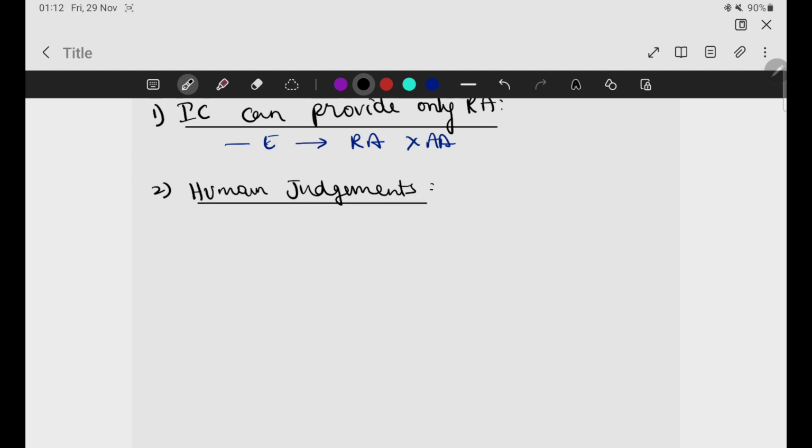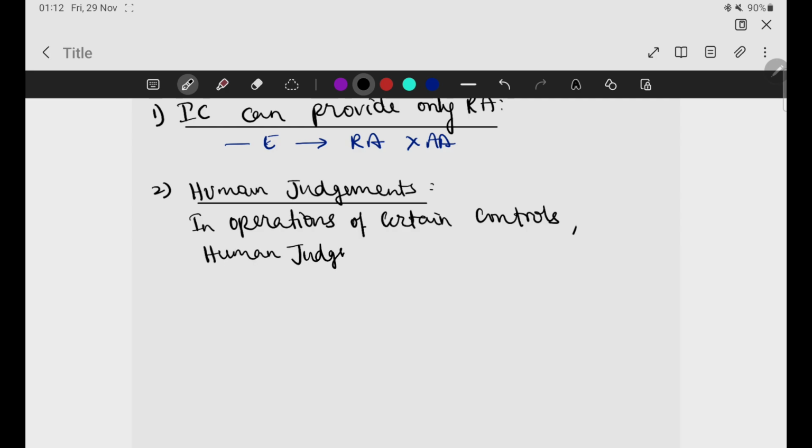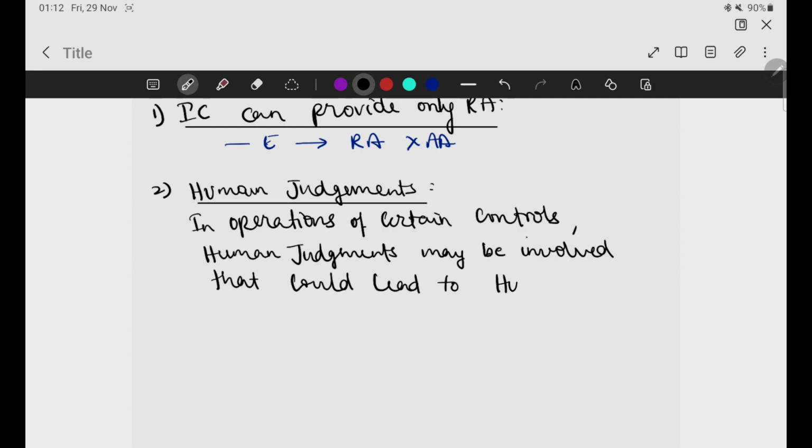In operations of certain controls, human judgments may be involved that could lead to human error.